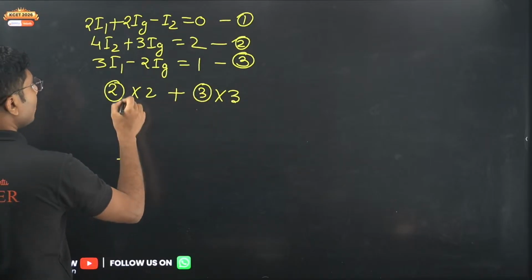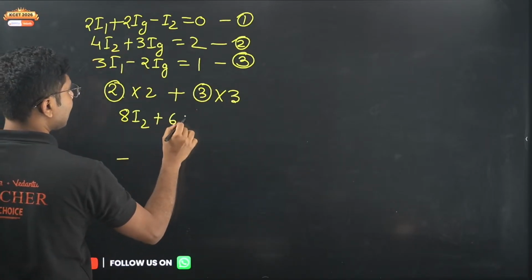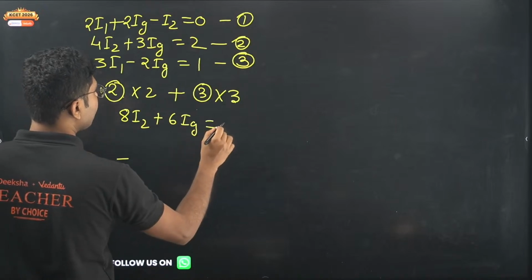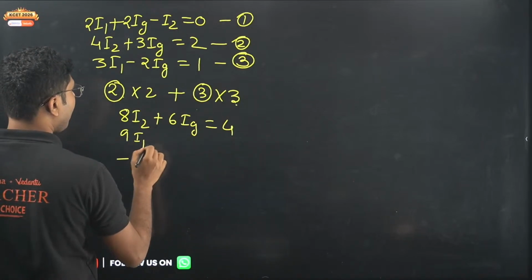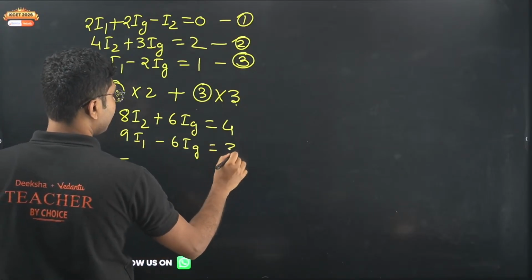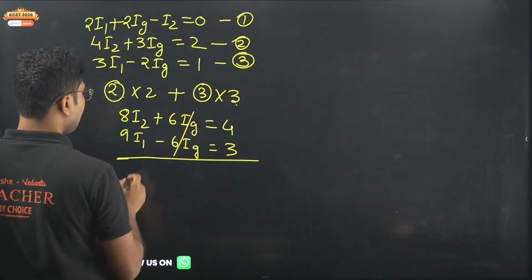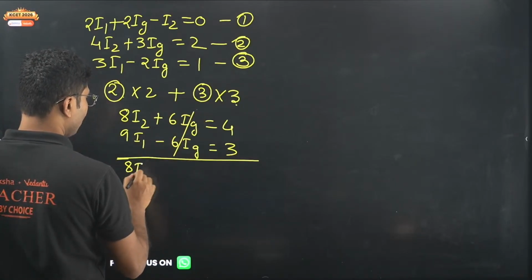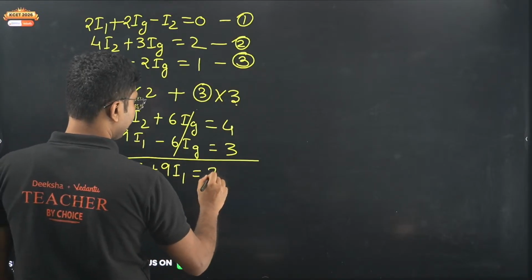So 2 into 2 is 8 I2 plus 6 IG equals 4, and 9 I1 minus 6 IG equals 3. Add them, IG cancels, and 8 I2 plus 9 I1 equals 7.